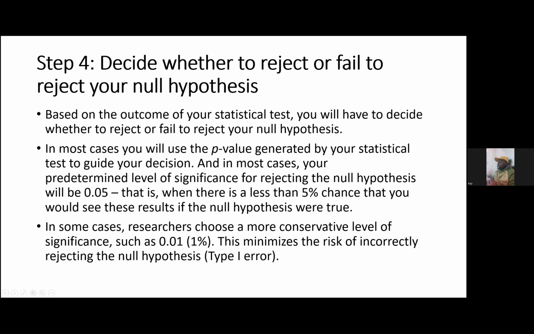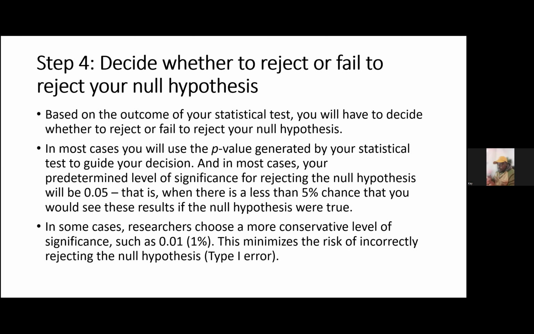Now, after running the test, the fourth step is to decide whether to reject or fail to reject your null hypothesis. After we finish the test, the result will tell us whether to reject it or not.